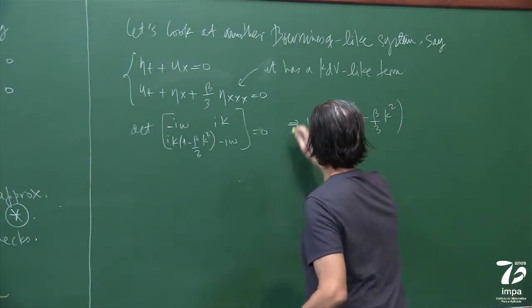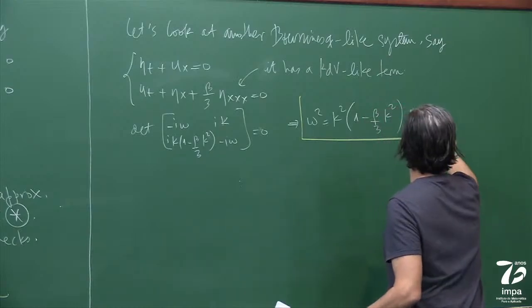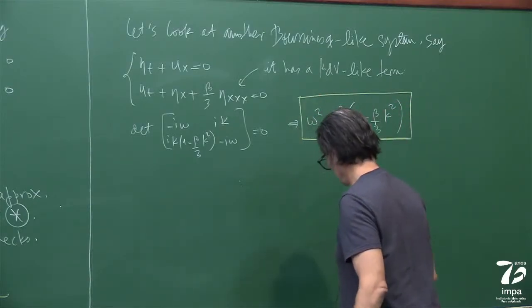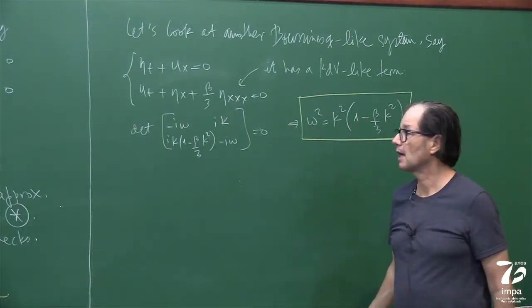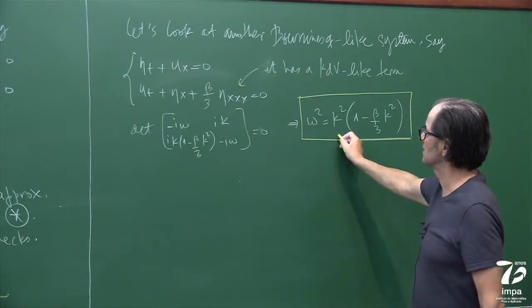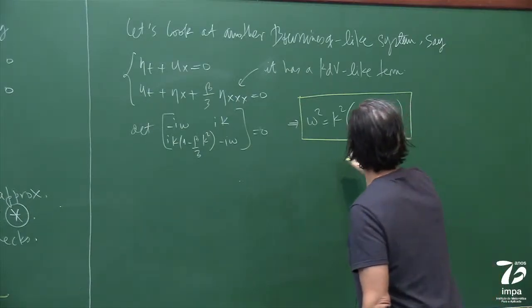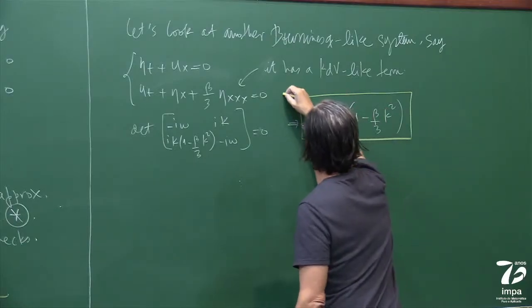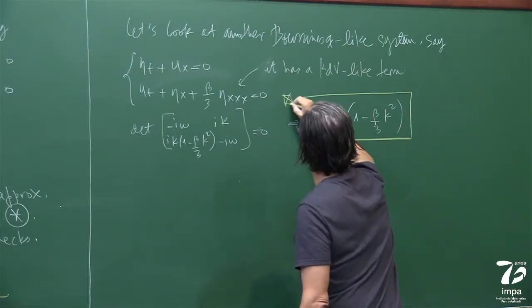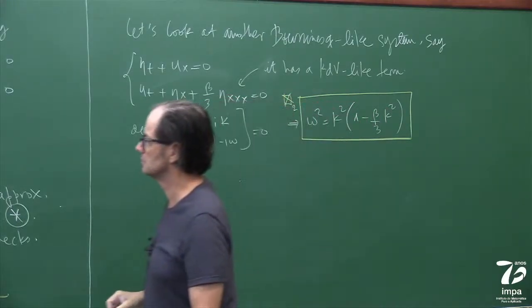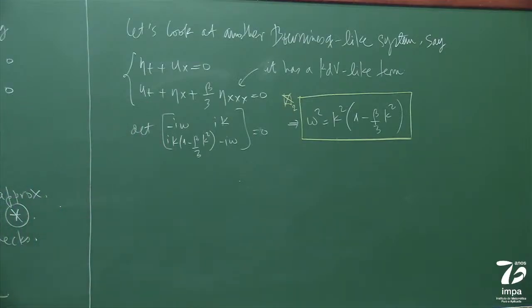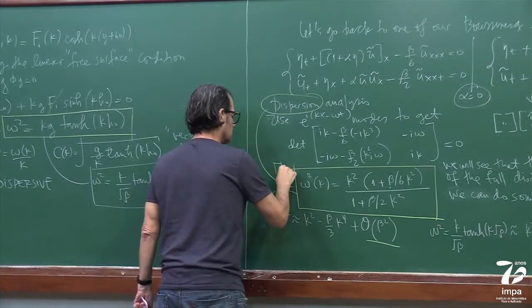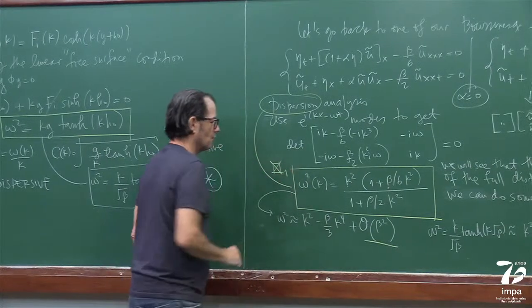Right. And now let me ask you a question. If you compare this system, let me call this square 2, and this dispersion relation here, square 1.